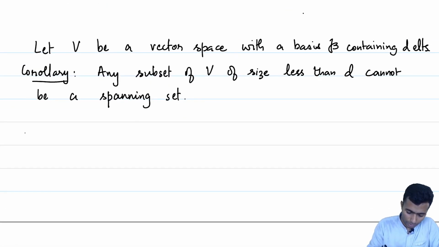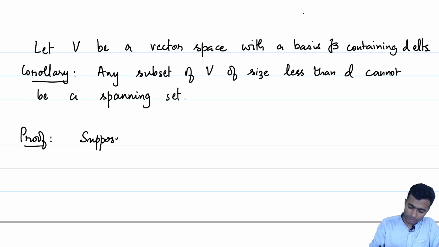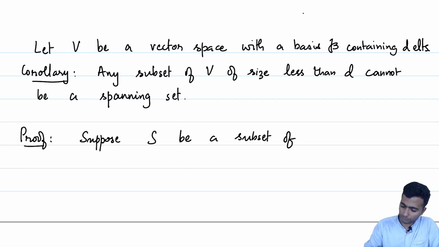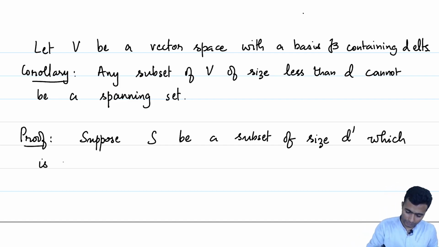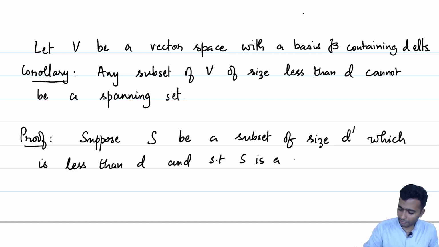Suppose S is a subset of size, say, D prime, which is less than D, and such that S is a spanning set. We will arrive at a contradiction.